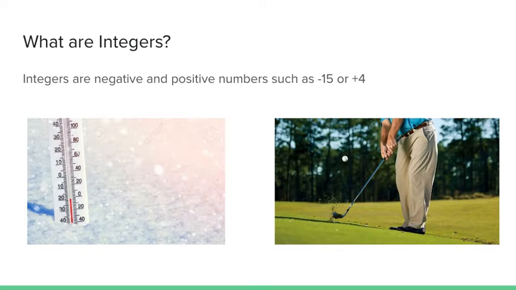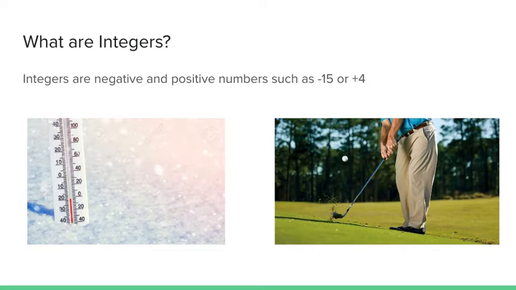So in the winter, when things get really cold, we move into negative temperatures. Anything below 0 means that you're likely going to see things like ice, snow, etc. And then when we get into the hotter months in the summer and spring, you're going to see positive temperatures that are well above 0.